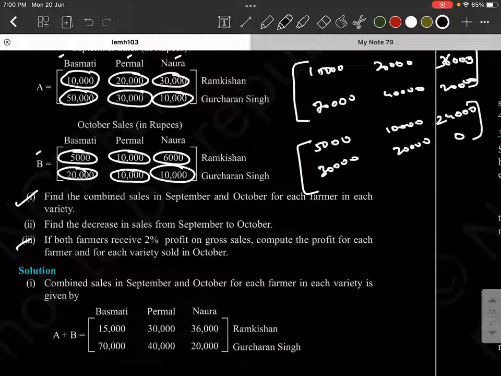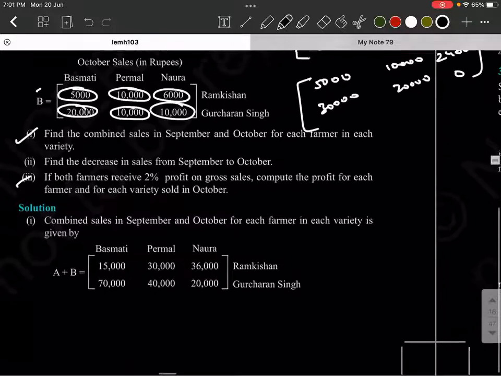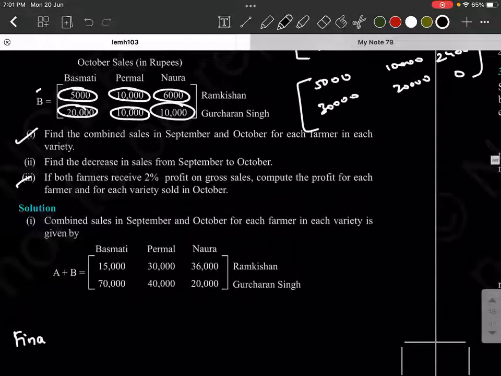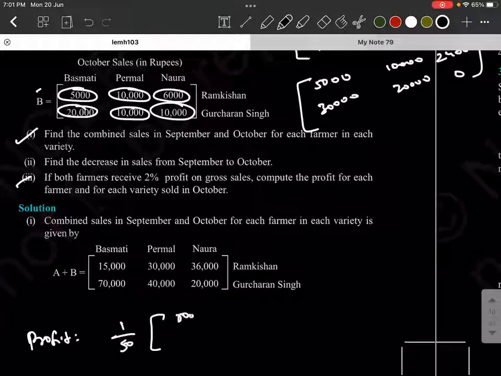2% means how much? 1 by 50. So they're asking the profit. Final price is how much? So how will you calculate the profit on it? You will calculate the profit as 1 by 50 into the October matrix, 5,000, 10,000, 6,000, 20,000, 10,000, 10,000. Correct?